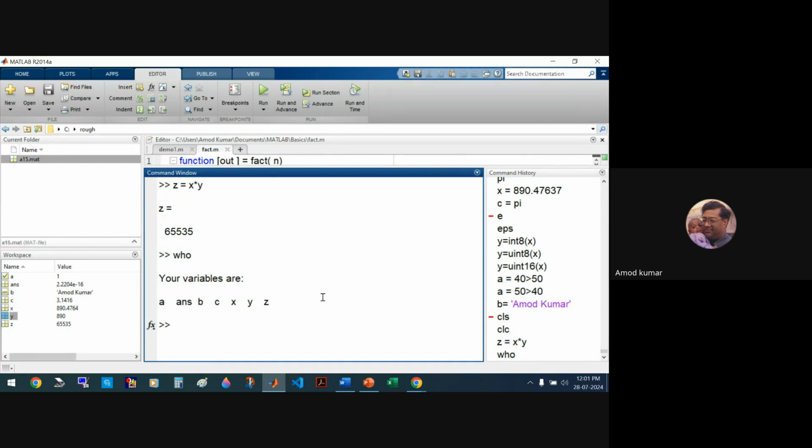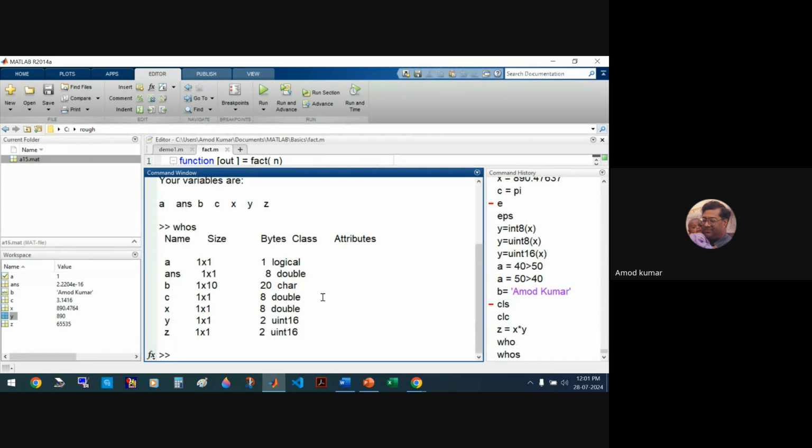And also, if you give the command WHOS, then it gives not only the variables which are present, but also their size. Now you will wonder, what do you mean by size? You have to understand that MATLAB takes any variable as a matrix.